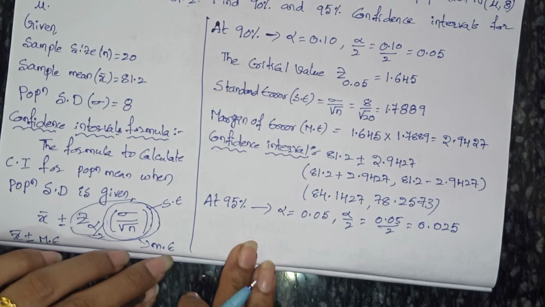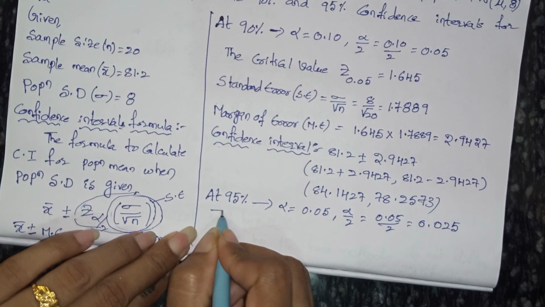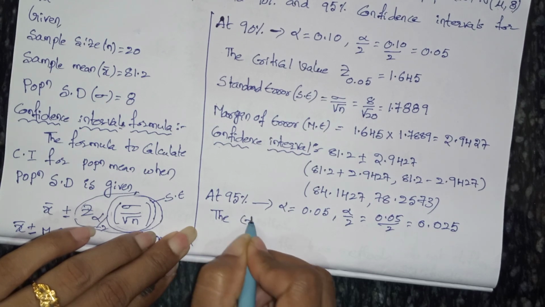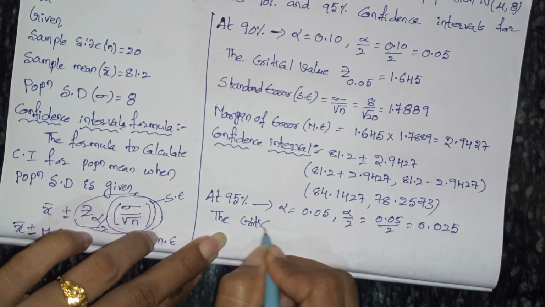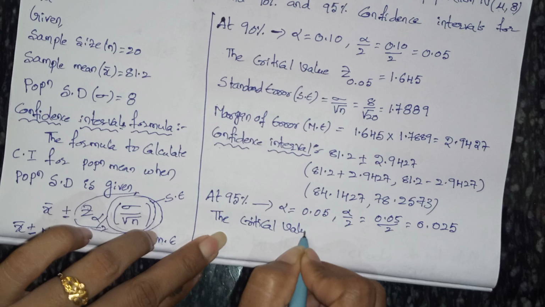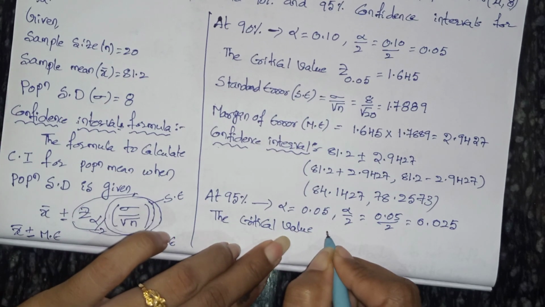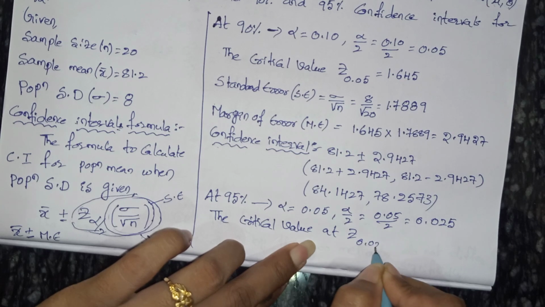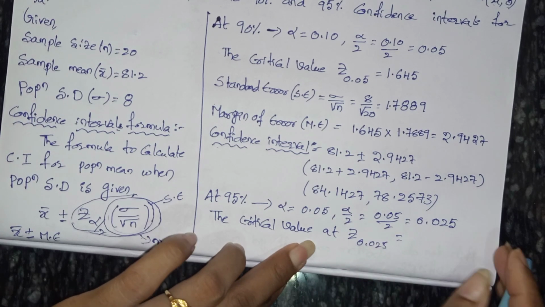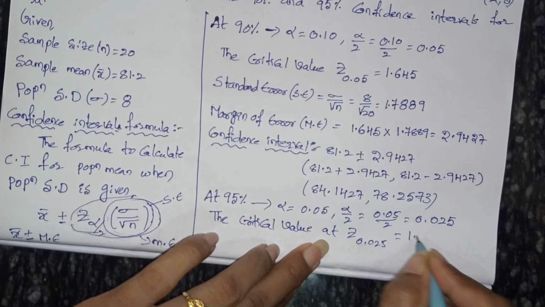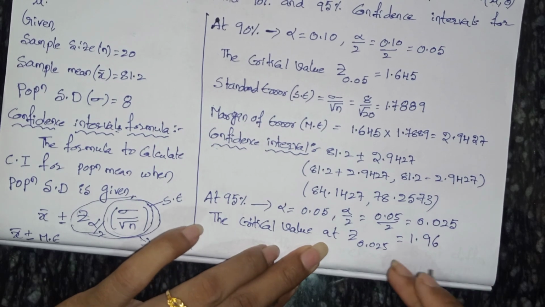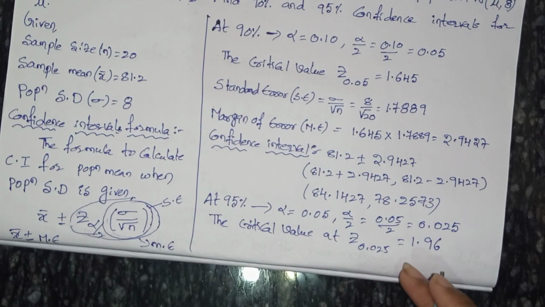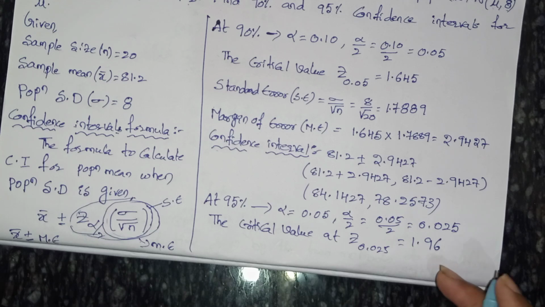Yeah. Now the critical value at Z 0.025, critical value is nothing but the table value. Okay, so at 0.025 we get 1.96.